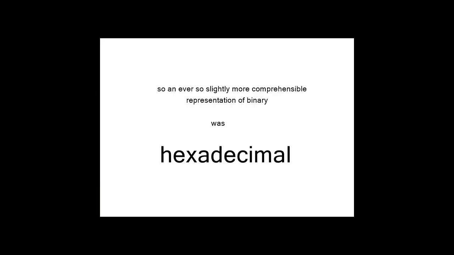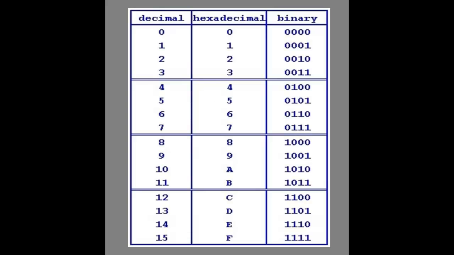So people figured out you could represent 4 bits, any combination of ones and zeros for 4 places, with 1 hexadecimal character. So hex is kind of a shorthand for binary. If you take 4 bits, you can come up with 16 combinations of 0 and 1.